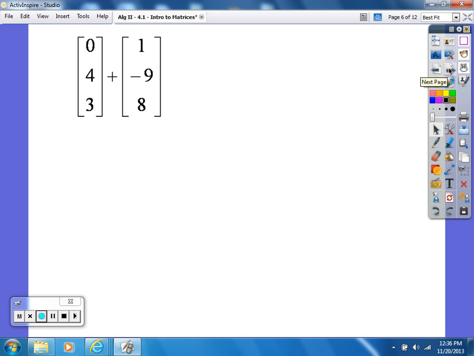So let's learn to add. Now, adding is not too difficult. But before we can add them, once again, before we can add them, I'd like you to write the dimensions of each of those right underneath them.